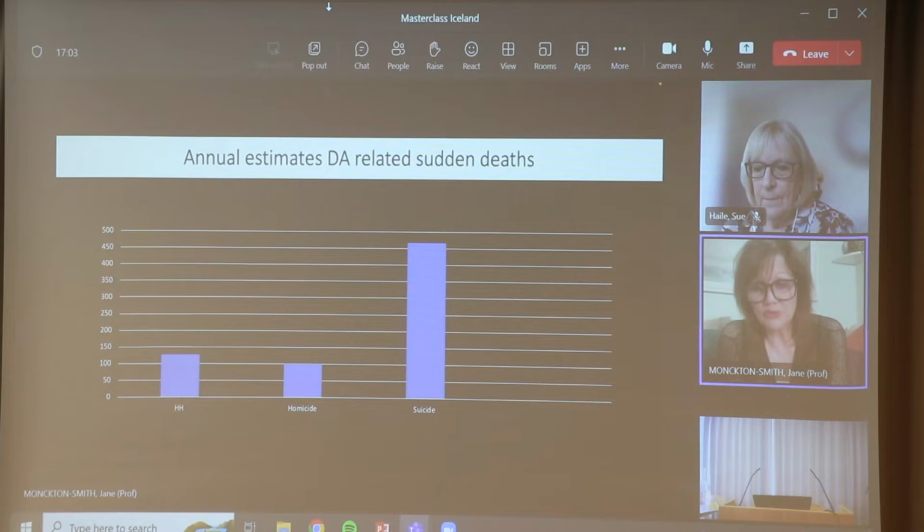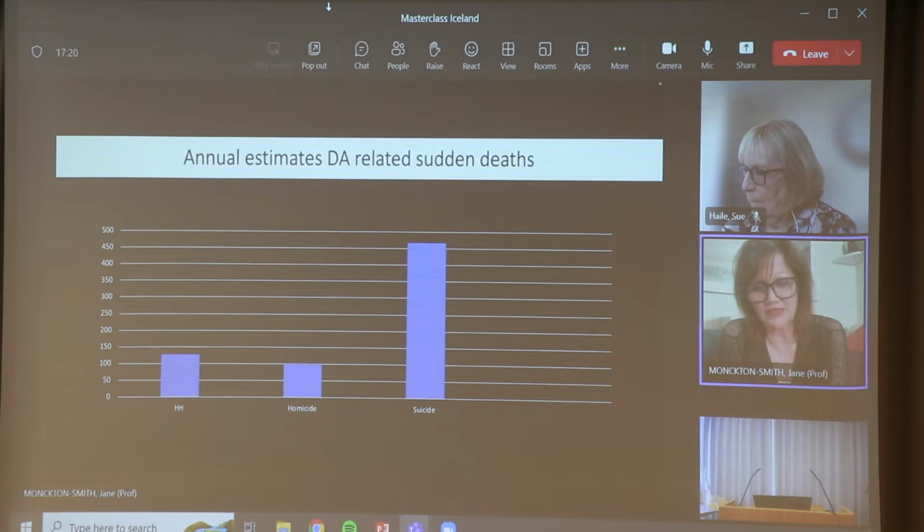I think the trouble with domestic abuse related suicide, one of the problems anyway, is that you have to identify, when somebody has taken their own life, that there was domestic abuse and that it was relevant. Those kinds of things, I think authorities are going to struggle with.